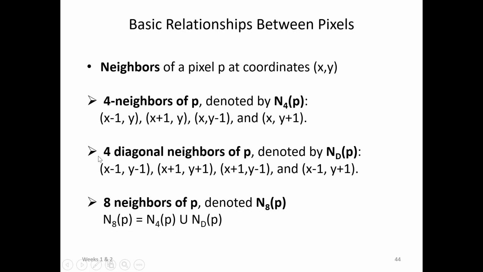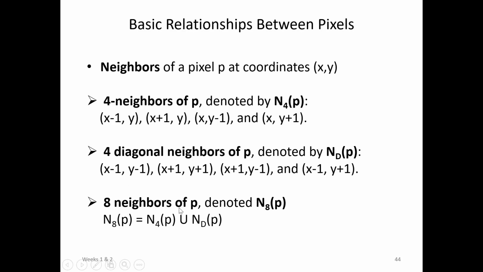And the other one, we can choose four diagonal neighborhood pixels. So the four closest diagonal neighbors we can choose, according to the coordinate values. And another type, eight neighborhood pixels.